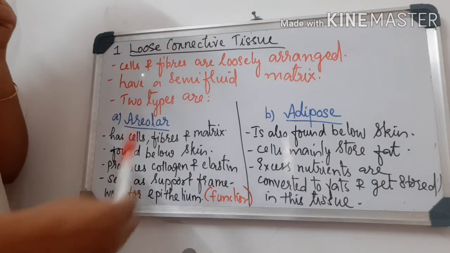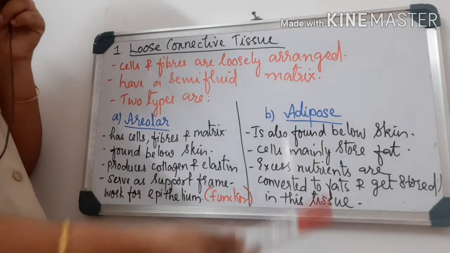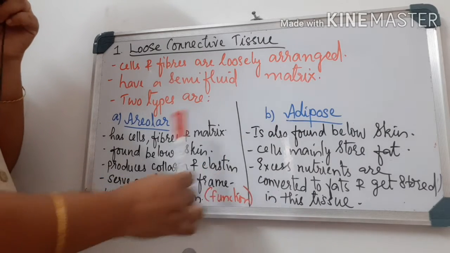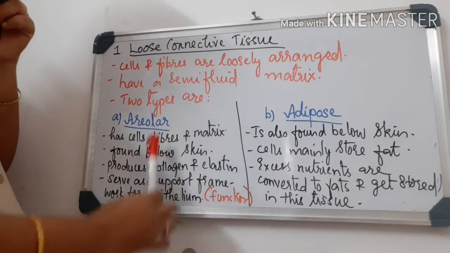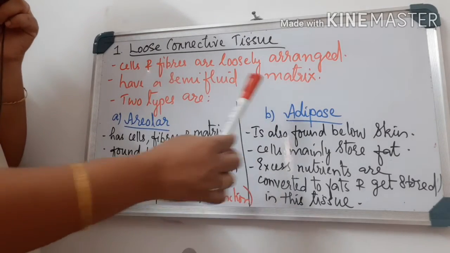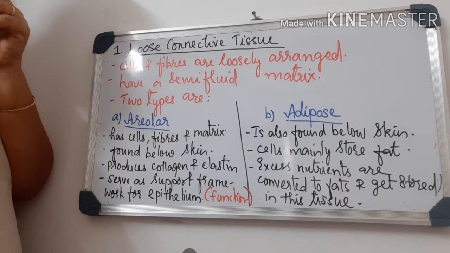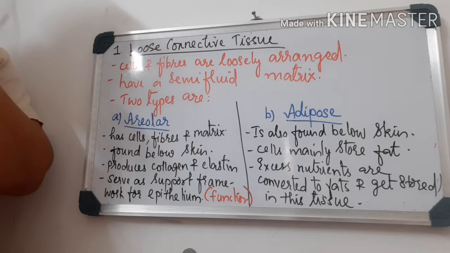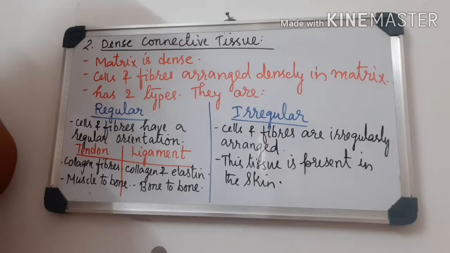These are the functions of the two types of loose connective tissue, areolar and adipose. Now we will move on to the next one, the dense connective tissue.